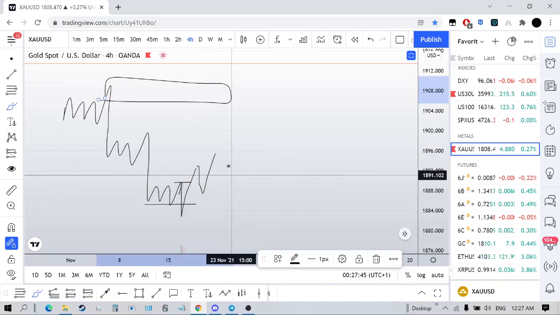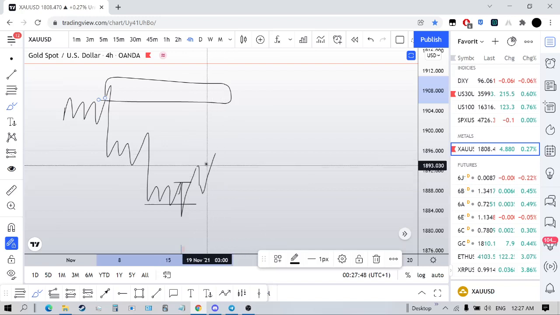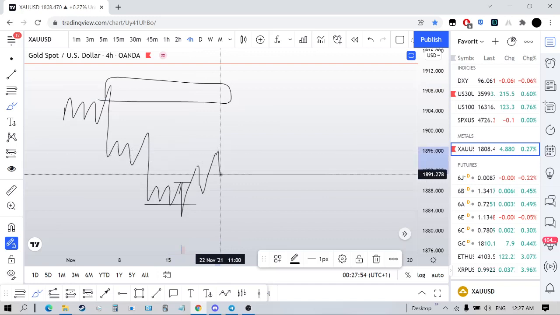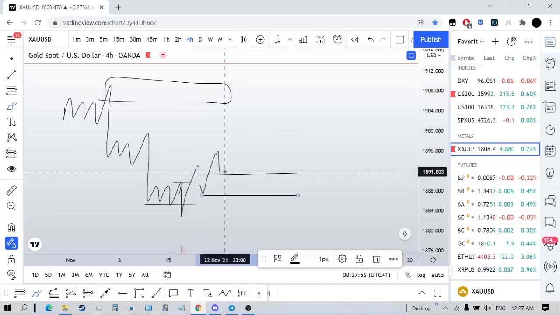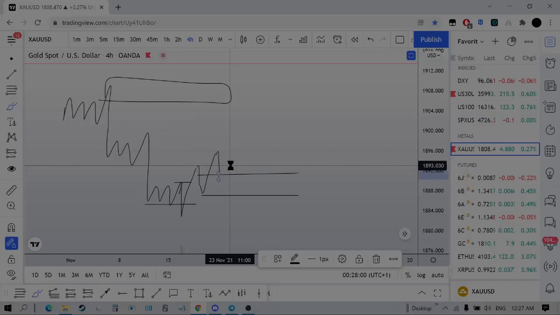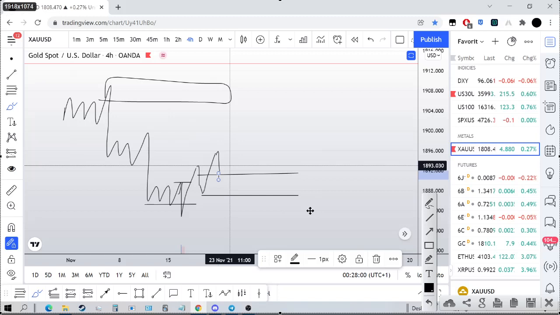But if you don't, then you wait for the shift in structure, the shift in delivery. All right, so when you have this, you can expect every down close candle to be respected. So once price comes into here, this is one thing that I do look for and I do like to see, and how I know what order blocks to trust.